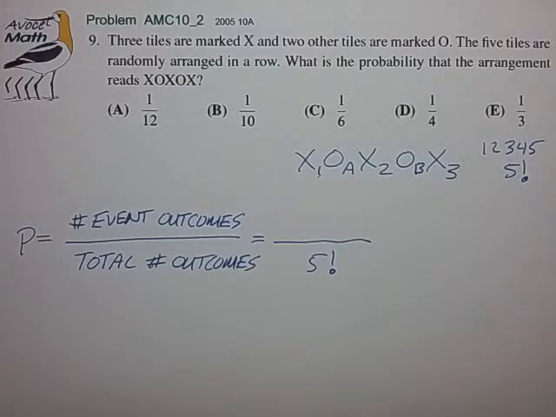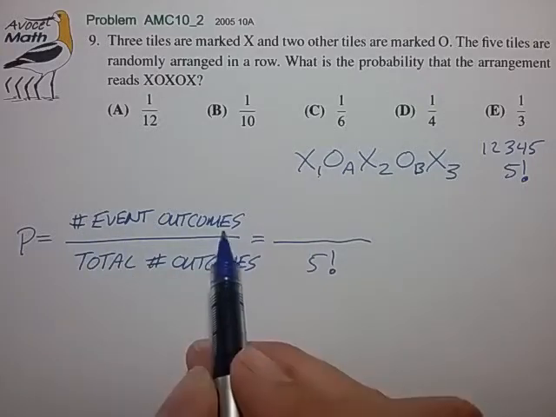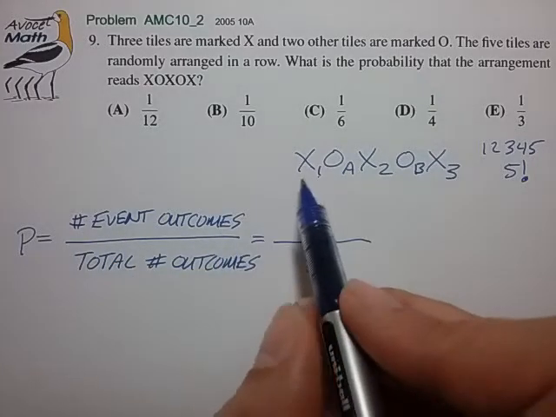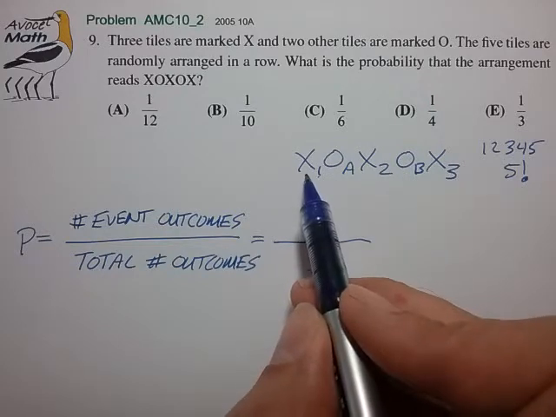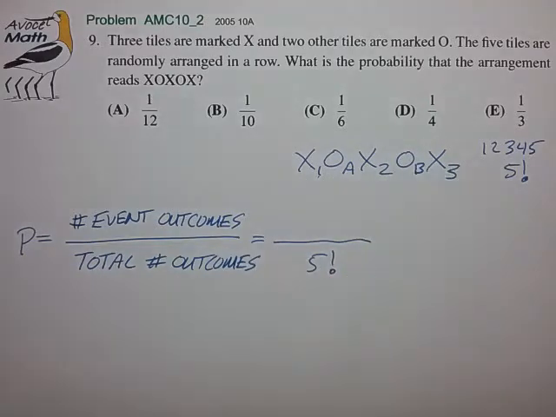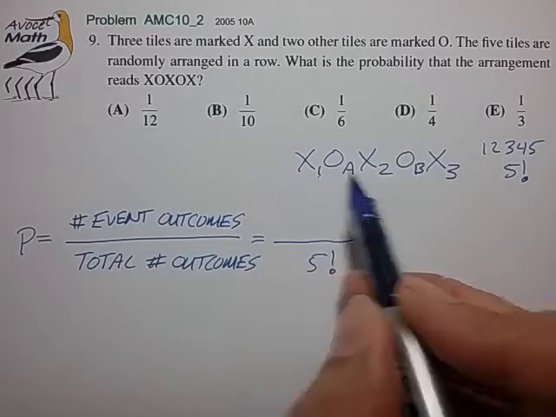And now comes the task of counting the number of possible ways that the O's and the X's can be distributed within this particular arrangement. So in this case, we're calling the event outcomes of interest the possible ways that we can arrange the X tiles and the O tiles such that they form this pattern XO, XO, X. So let's take a look at the O tiles first.